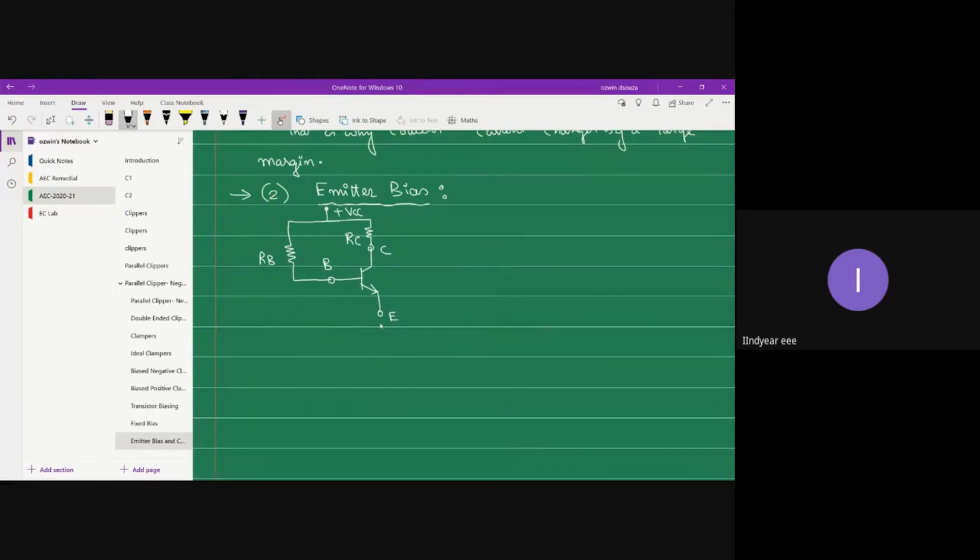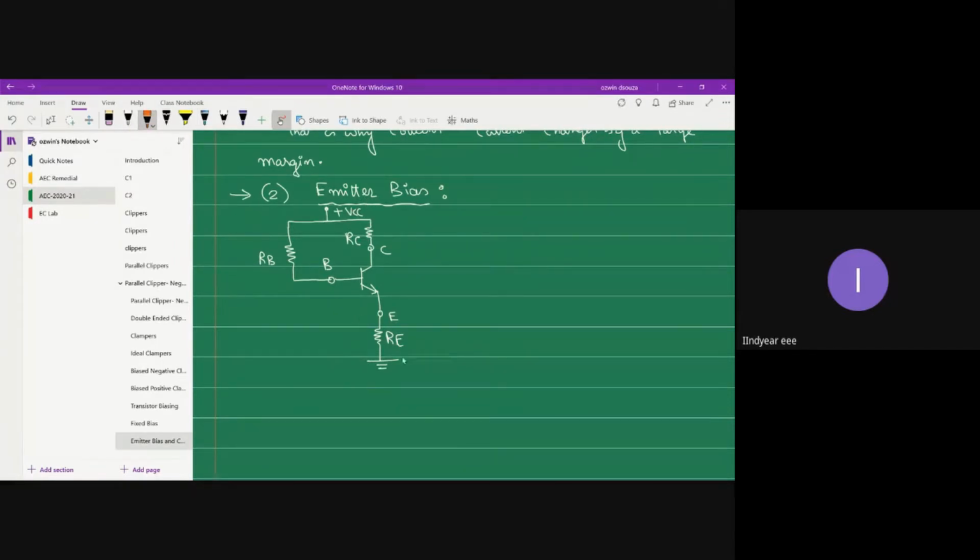But in case of emitter bias, you have a resistor connected in series with the emitter terminal, and this resistor is RE. Since there is RE connected in the circuit, the resulting biasing is called emitter bias. So fine, this is about the circuit diagram.